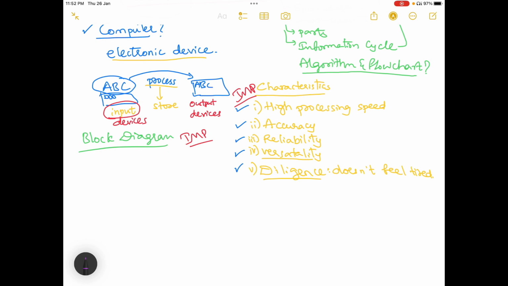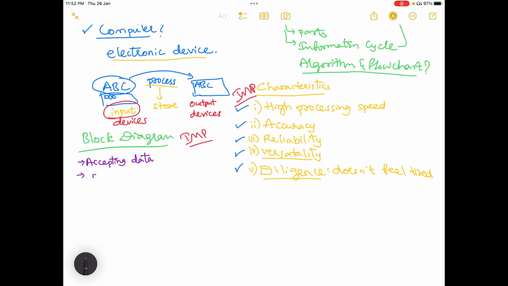So now when I say a computer system, mainly it is doing four things, right? Firstly, it is accepting the data or the instruction from the user, right?